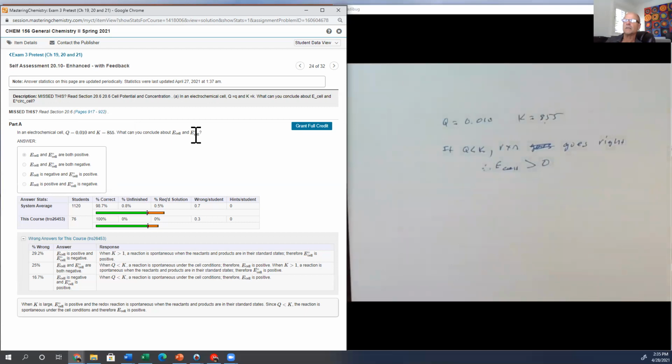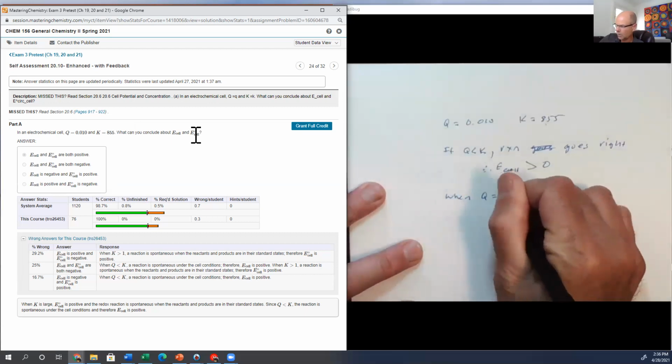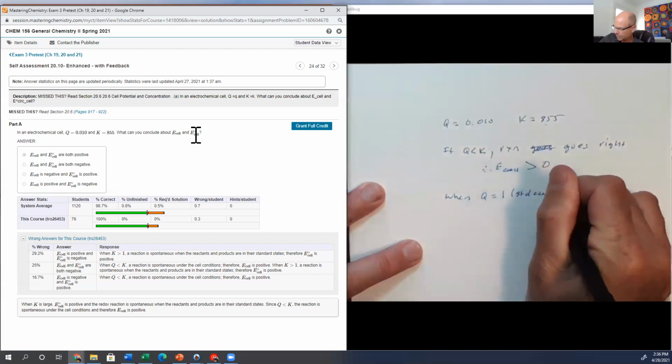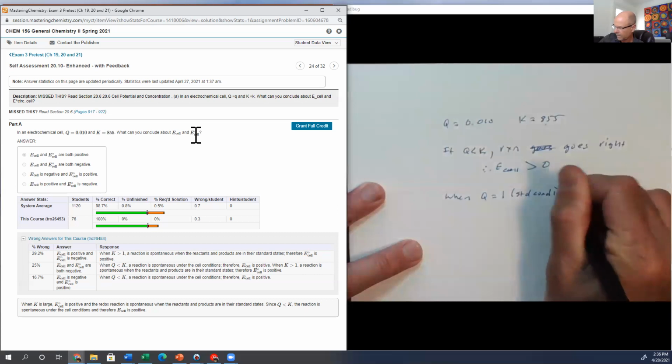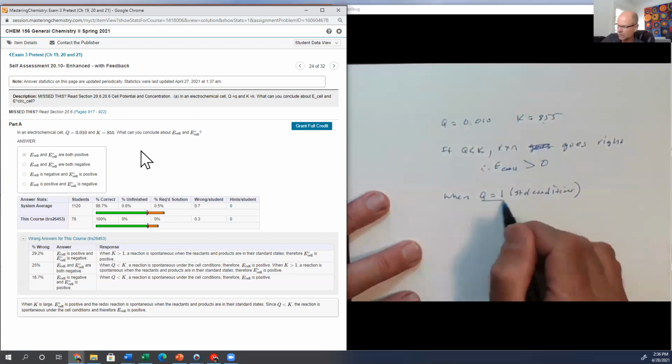E cell tells you the spontaneous direction when Q is equal to 1, which is the standard conditions. The fact that K is 855 tells you which direction this reaction is going when Q is equal to 1.